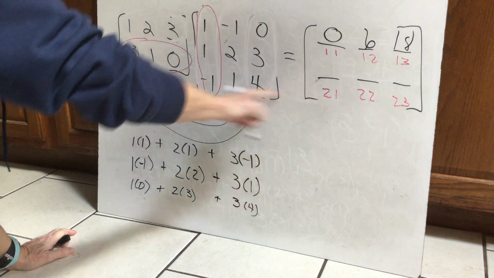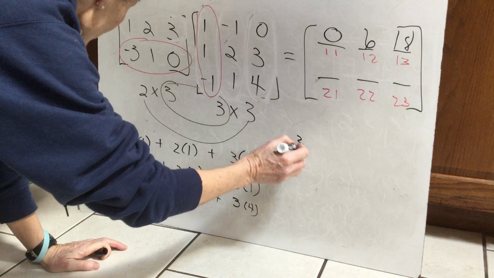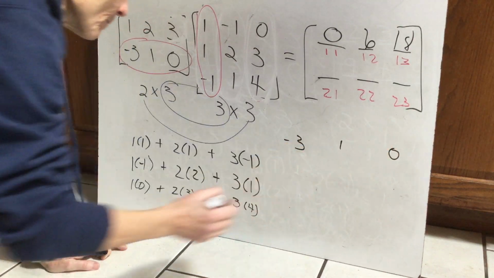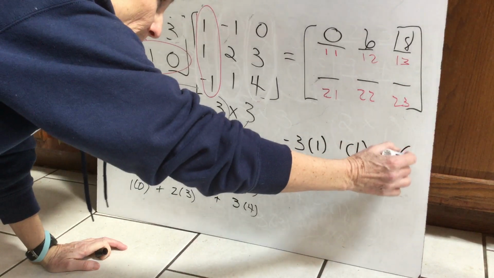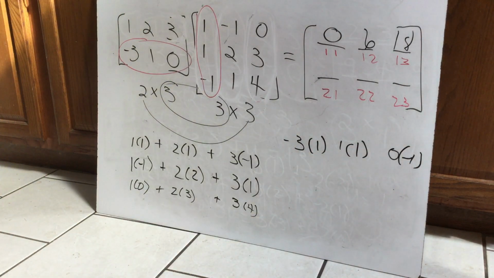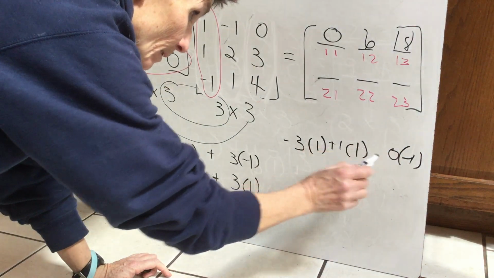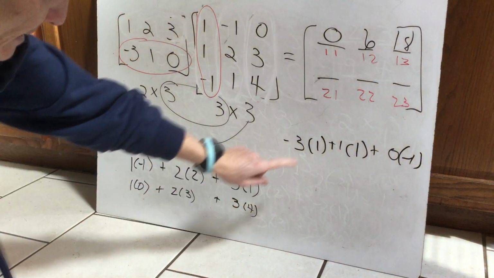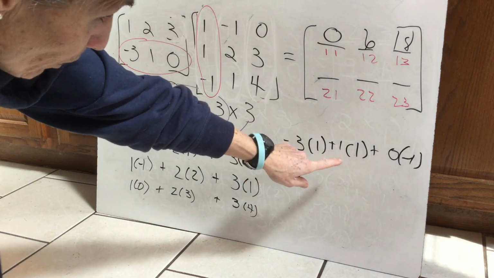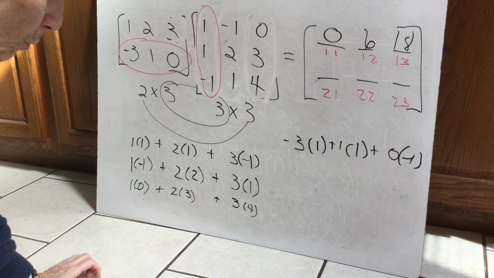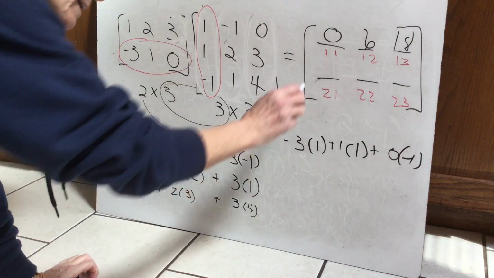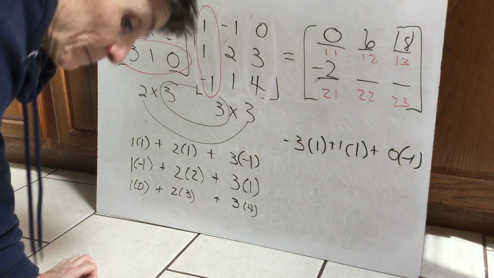I'm going to write down my negative 3, 1, 0, and then 1, 1, negative 1. I'm going to add those up. So negative 3 plus 1 plus 0 is negative 2.